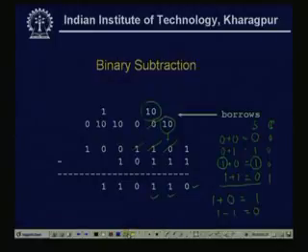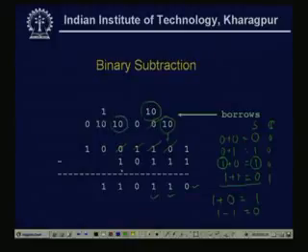See, I want to subtract 1 from 0. So, this should be 1. Okay. Again this is actually 1 0.